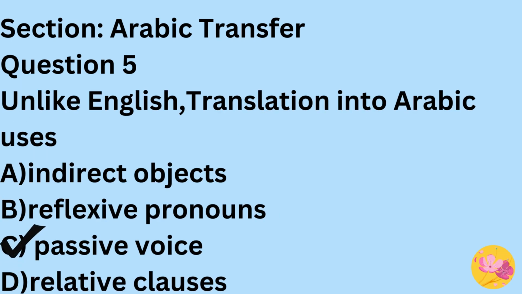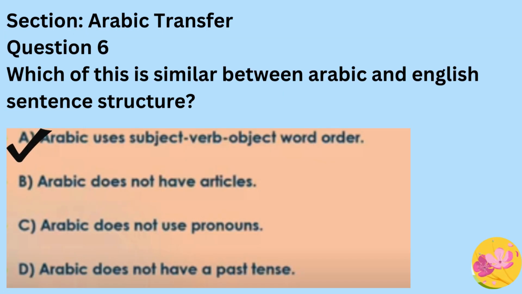So, question number 5. Unlike English, translation into Arabic uses passive voice. As we said, when it comes to translating, it is more convenient for Arabic speakers to translate into passive voice. Question number 6. Which of these is similar between Arabic and English sentence structure?